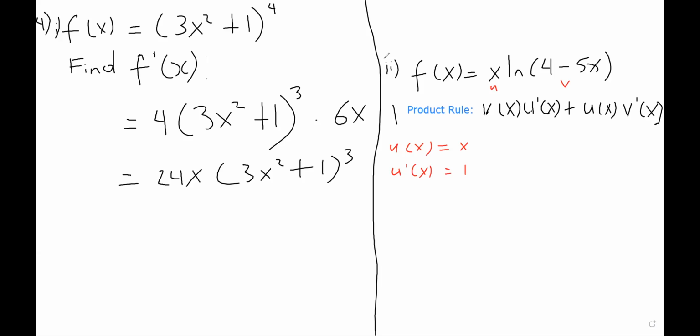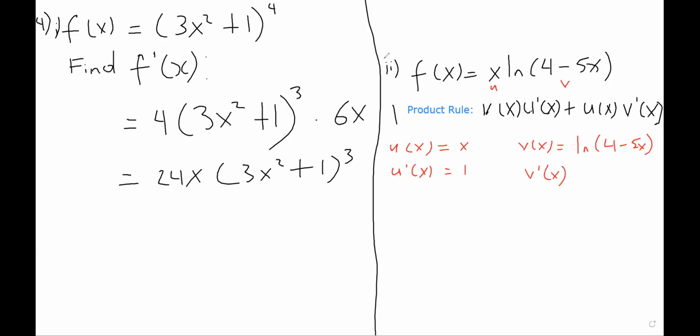And then we go to v now. V of x is equal to ln of 4 minus 5x. And then v prime is just the differential of that.